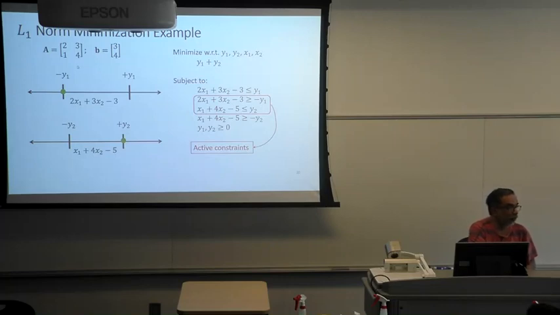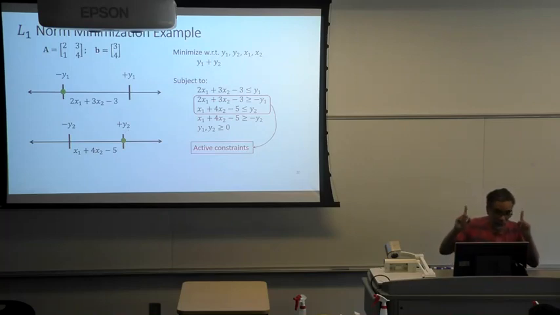So both will move simultaneously, right? The minus y1 and plus y1 both will move simultaneously closer to the origin. Likewise this. But the green dot here must lie in this region. So that's the limit. We cannot reduce y1 any further. Likewise, we have hit this green point here, so we cannot reduce y2 any further either.